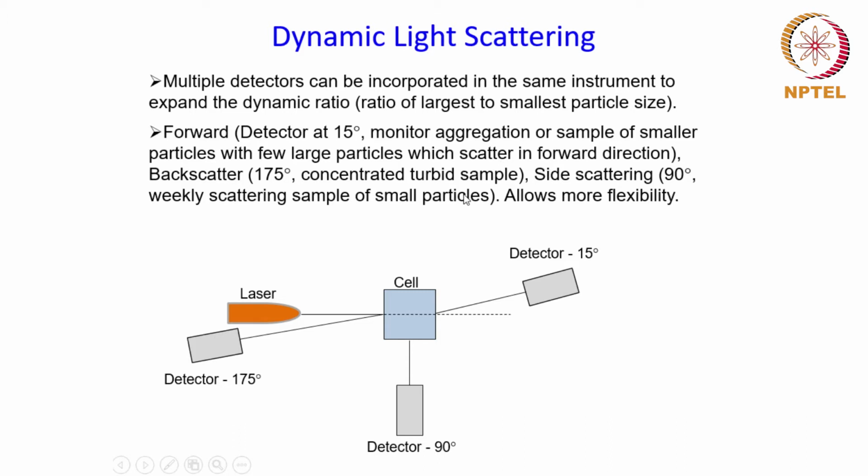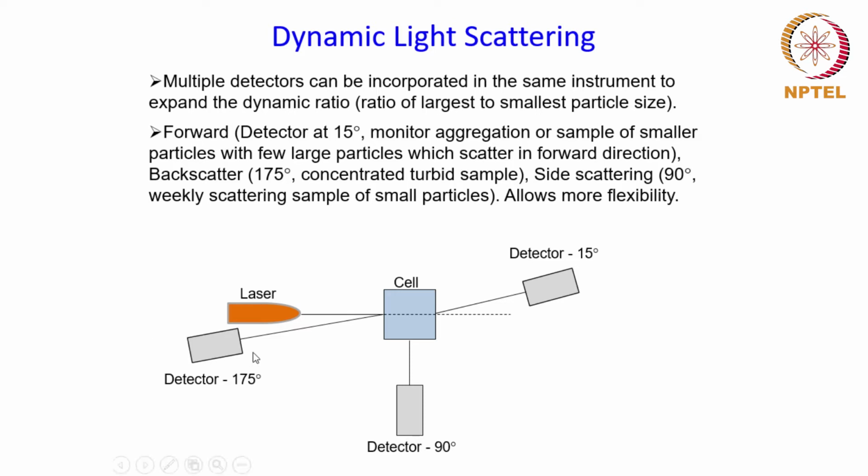For example, when the detector is kept at this location at 15-degree, that is primarily for capturing the forward scattering, and this kind of forward scattering happens for samples which will typically have smaller particles with few large particles which scatter in the forward direction. And this detector at 15-degree is also used to monitor aggregation in the sample, right?